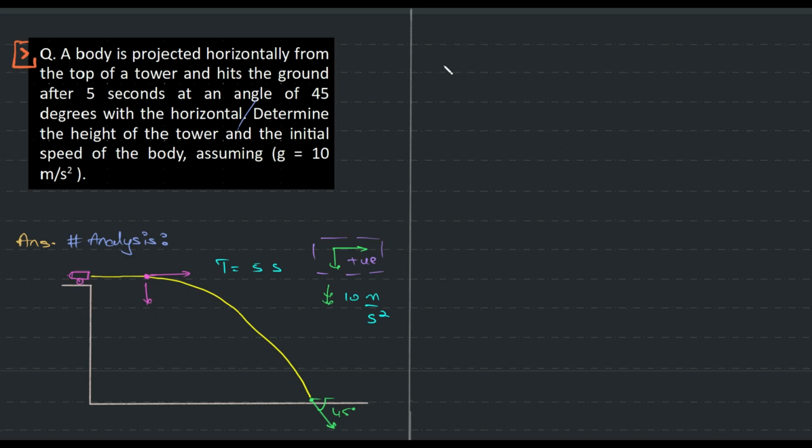When you talk about the height of the tower, we are looking at H max, where the initial velocity is 0. So we'll consider the vertical component.